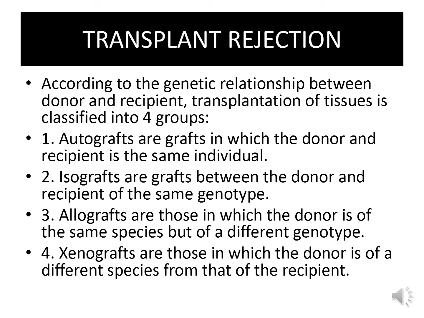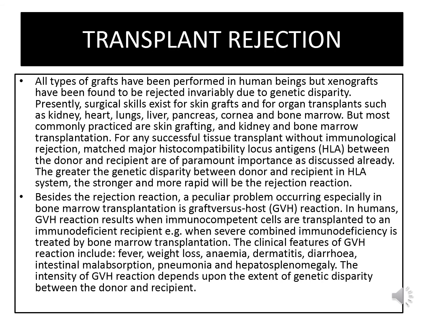Isografts are grafts between the donor and recipient of the same genotype. Allografts are those in which the donor is of the same species but of different genotype. And xenografts are those in which the donor is of a different species from that of the recipient.